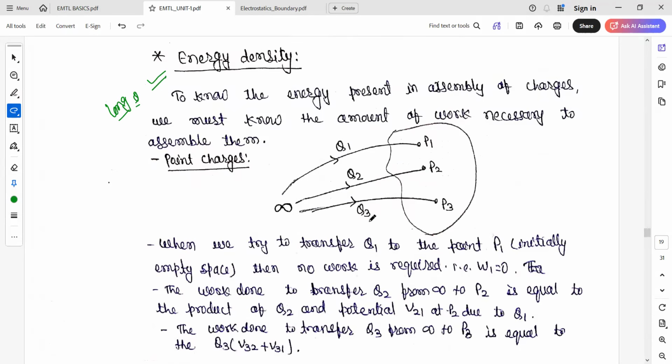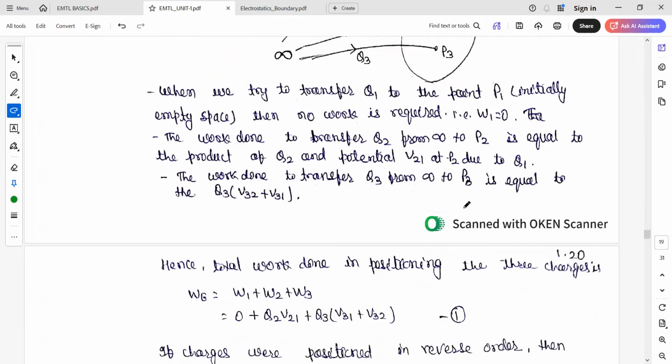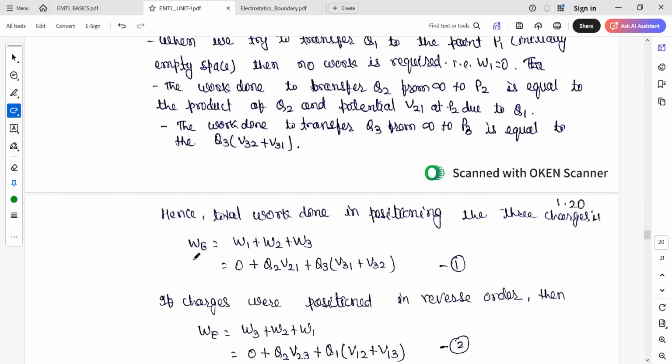When we bring Q3 to the point P3, it has charge Q1 and charge Q2 to oppose it. So finally we have the work done to position all three charges: for the first one 0, for the second one Q2 into V21, this is the potential from 1 to 2. Again, we have Q3 into V31 plus V32, from 1 on 3 and from 2 on 3.